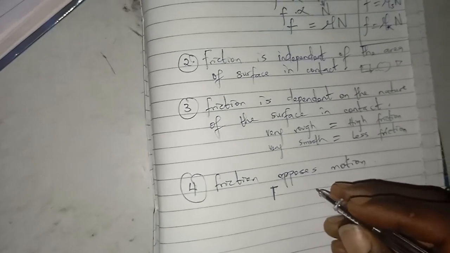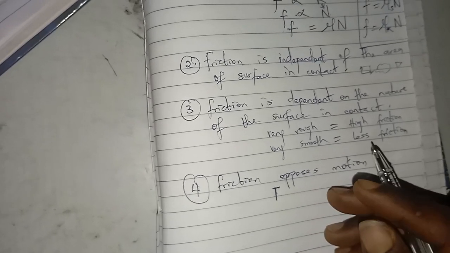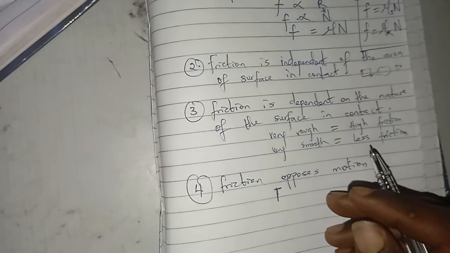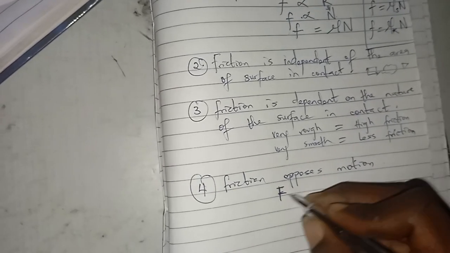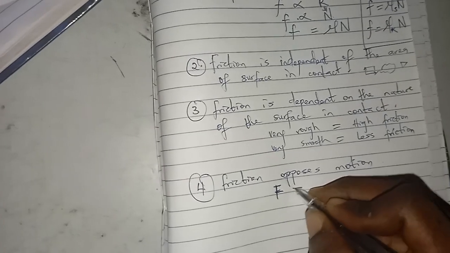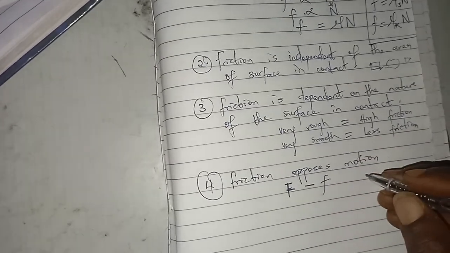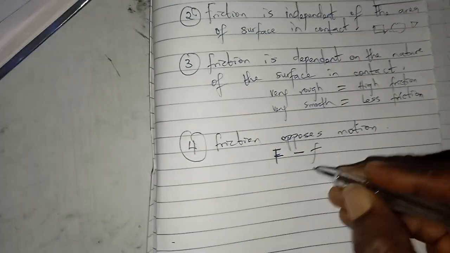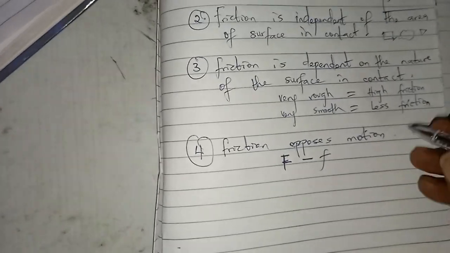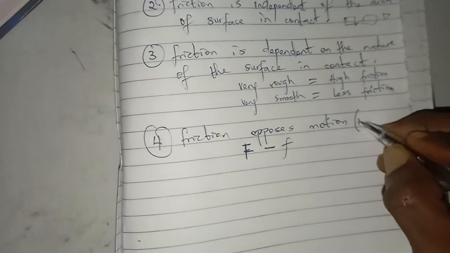For every action there's a reaction. So if you apply a forward force, friction will tend to go opposite. If I kick something, I will feel a backward force. So friction is a backward force. Friction opposes motion.